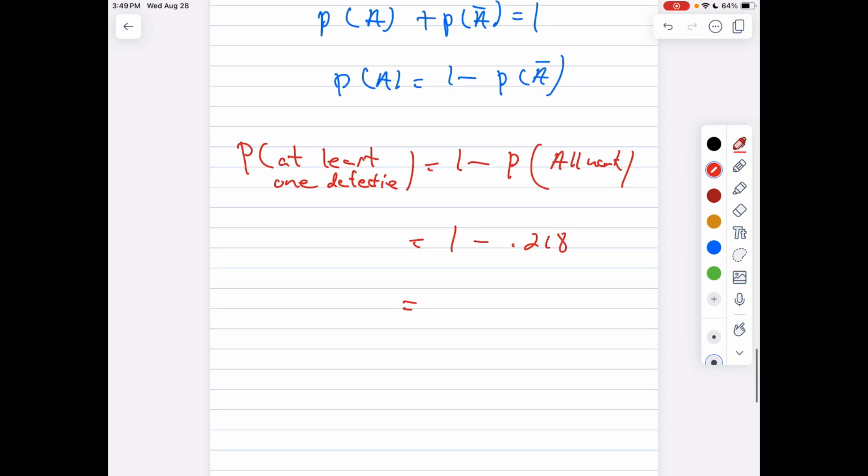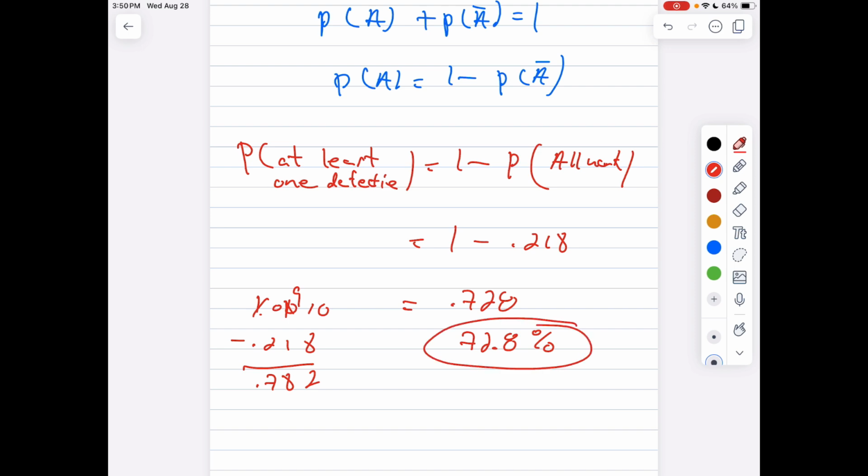And if you subtract those two from each other, you would get 0.782 here, okay? So a 0.782 probability or 78.2% chance that at least one of them is defective, okay? So that's what we'd be looking at here.